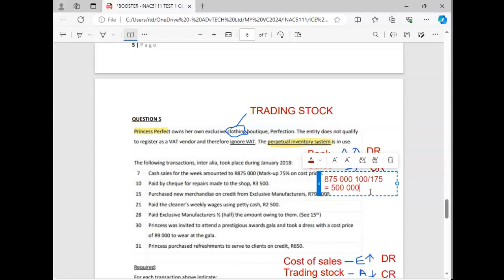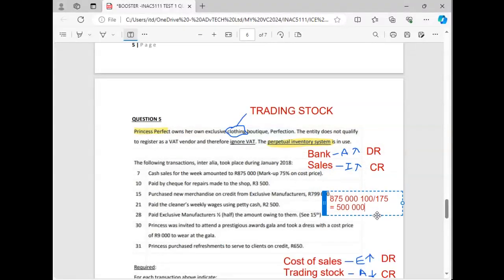So, guys, if they say 75, remember this section of the markup is still coming, but they can ask you. I just want you to be safe. If they say on cost price, it means you must always have this. If it was 50%, it will be 100 over 150. If it was 10%, it's going to be 100 over 110.